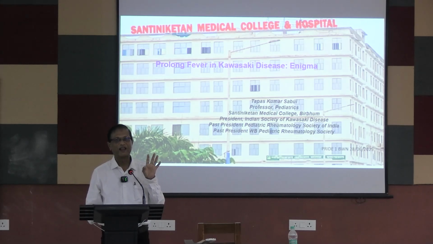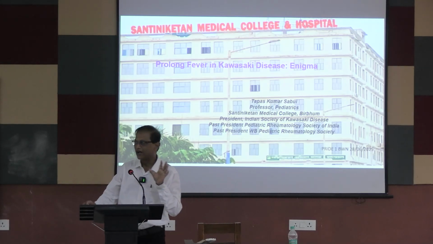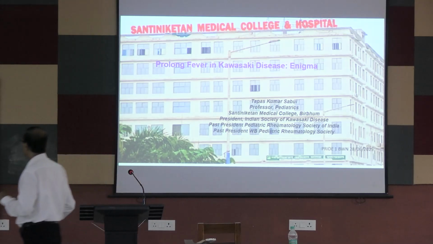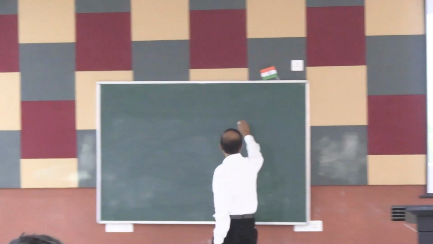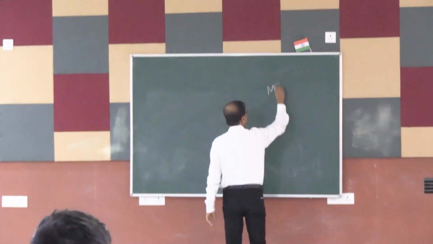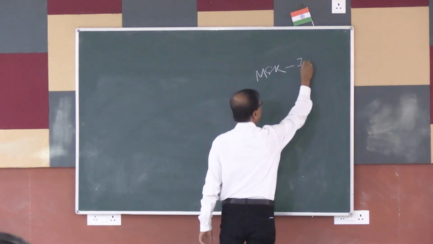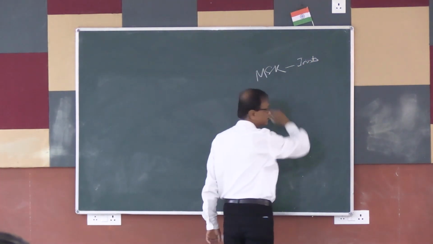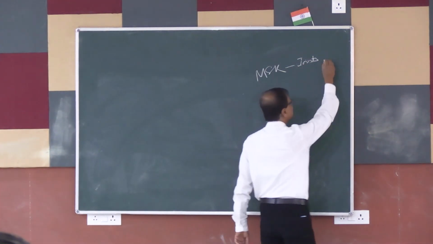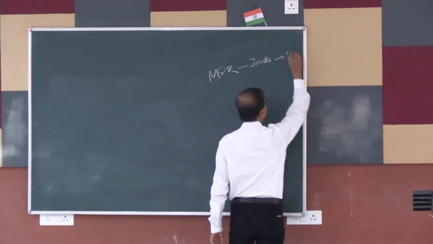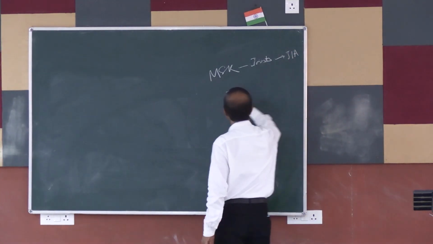So, there are 4 varieties of diseases. Musculoskeletal disease usually means joints and joint related diseases. In pediatrics, we usually call it juvenile idiopathic arthritis.